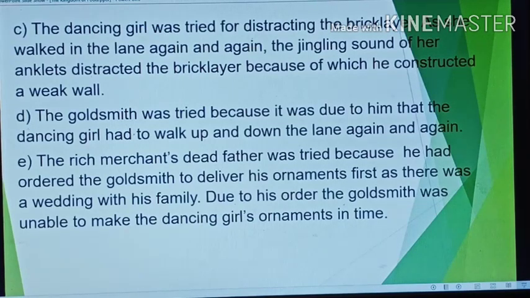E. The rich merchant's dead father was tried because he had ordered the goldsmith to deliver his ornaments first, as there was a wedding in his family. Due to his order, the goldsmith was unable to make the dancing girl's ornaments in time.